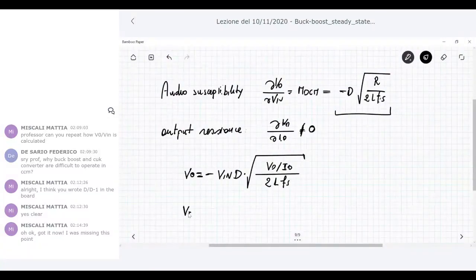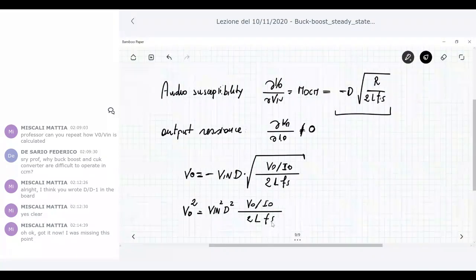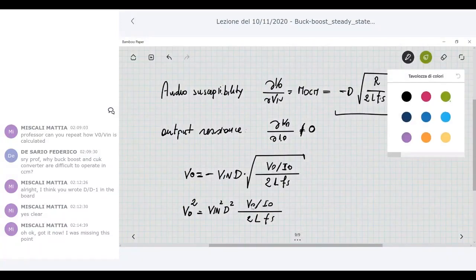Take the square of both sides: V naught over I naught equals 2L Fs.